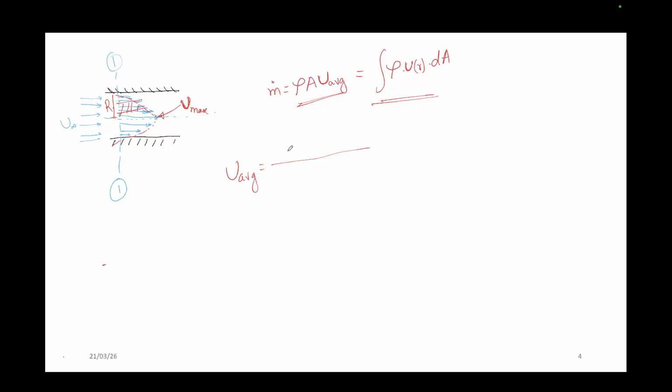So if I take this integration of all this into dA by only rho into dA, that will give you this average, right? Now say it is a circular pipe, radius r.